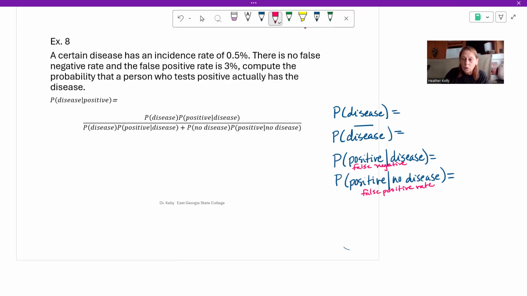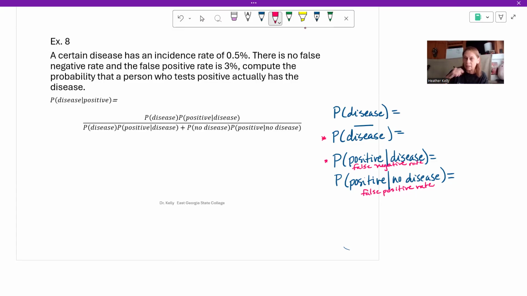And remember, with either one of these, you might have to use a complement to get what you're looking for. But most often, it's with the false negative that you have to do that. So this guy right here is the one that you usually have to do some computation to get. The rest of them you can read straight off, but these two are kind of complements here.